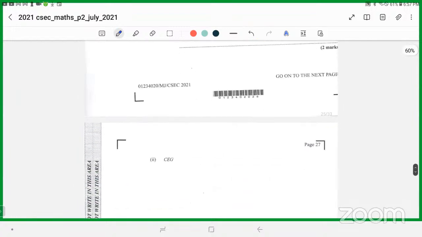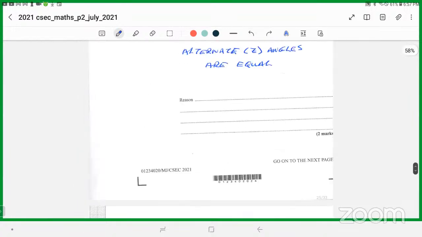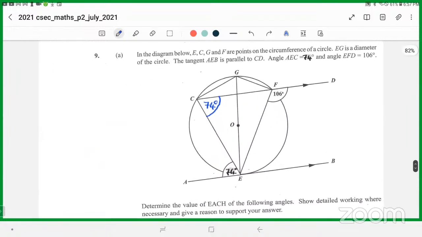Next angle I want is CEG. Where is that? CEG up here. That one is easy again. That's this angle right here. That one is easy because remember, the angle between this tangent and this radius is 90. So this angle inside here must be 90 minus 74.